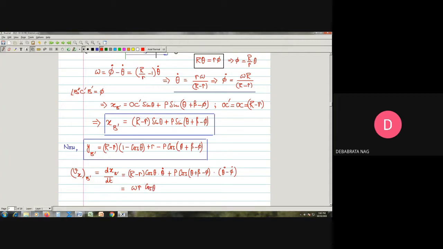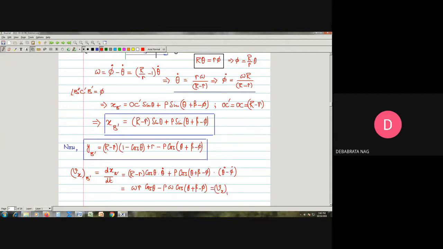Correct? And now theta dot minus phi dot. You remember phi dot minus theta dot is omega. So I just take a minus sign from here and can write that it will be minus rho omega into cos of theta plus beta minus phi. So that is going to be my Vx B dash.